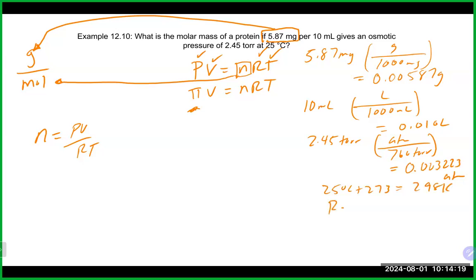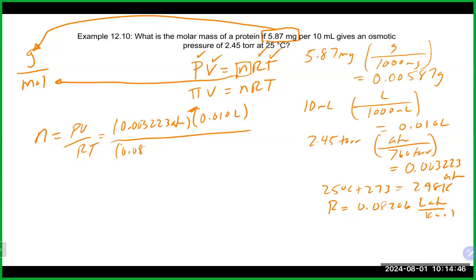And lastly, we always have R, which is our gas constant. So now that we have everything in the correct units, we'll pop them in. So 0.003223, our volume 0.010 liters, divided by our R and our temperature.